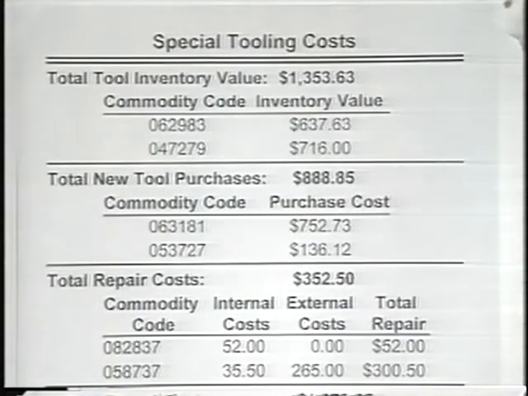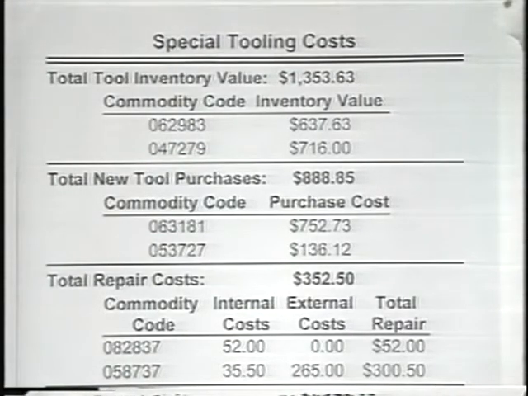So we're starting off with total tool inventory value, which is the first section of this particular tooling cost analysis. Then we add the new tool purchases, and again by commodity code and by purchase cost.